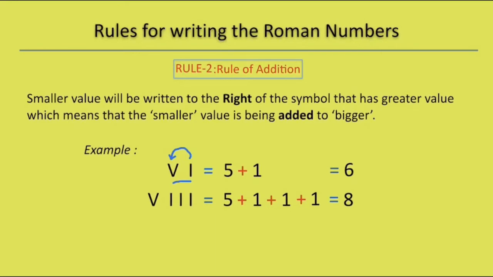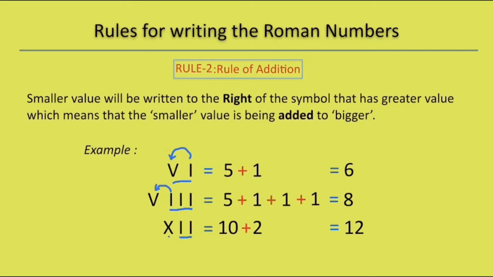Here also, VIII. This I is placed on the right side of the V. So you will add to the greater value. So we are adding 5 plus 1 plus 1 plus 1, you will get 8.